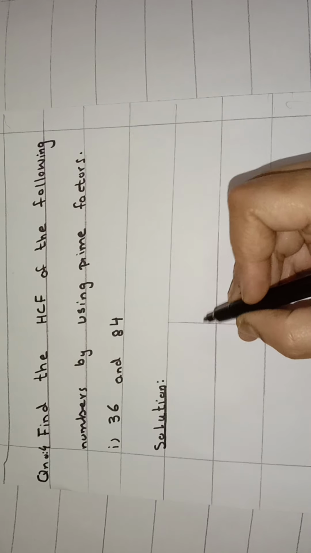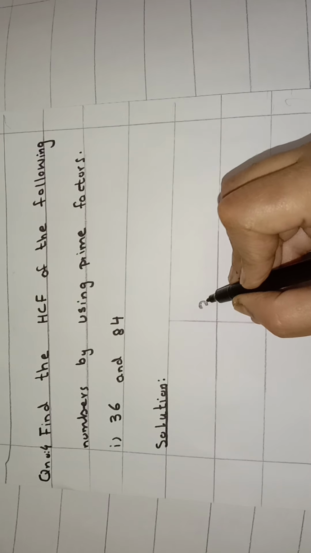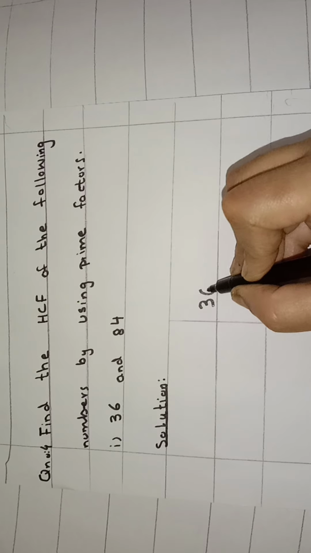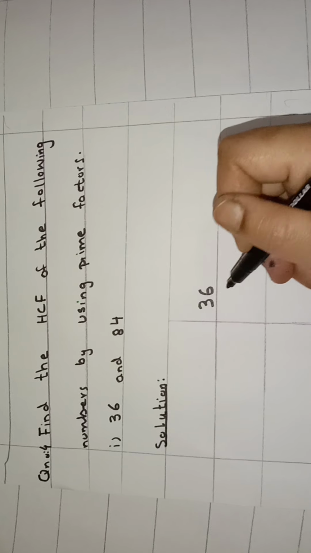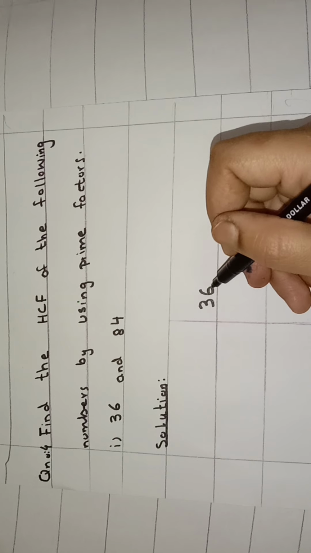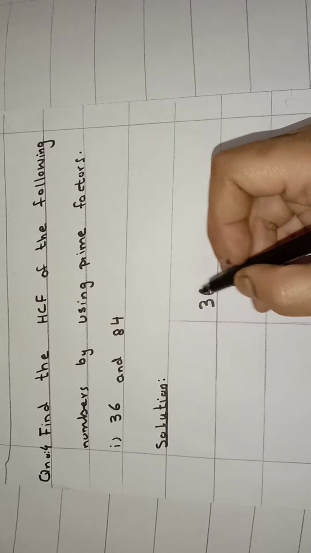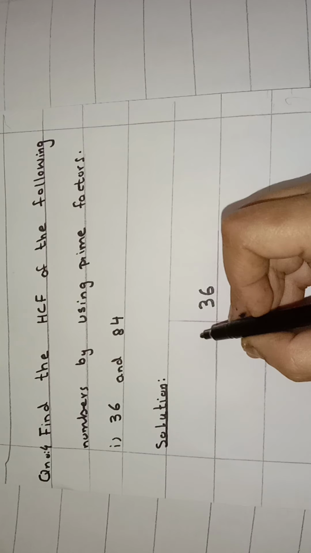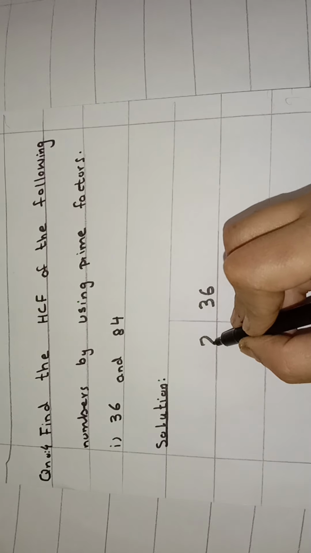First of all, we will write the numbers separately. First we will write 36 and find its prime factors. Test of divisibility helps you a lot in identifying which number we should start with. Its last digit is even, so we will start with 2.